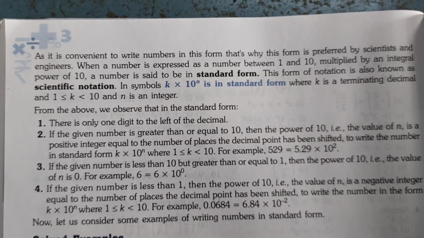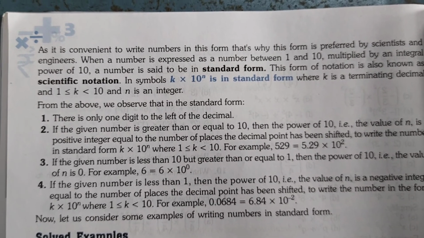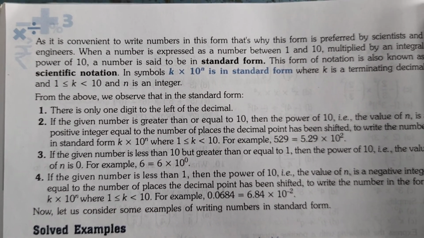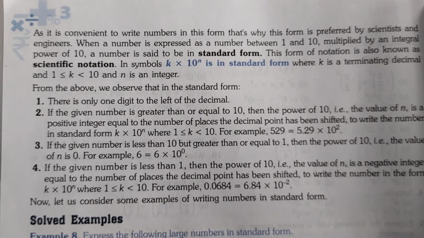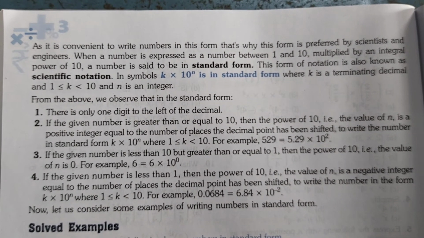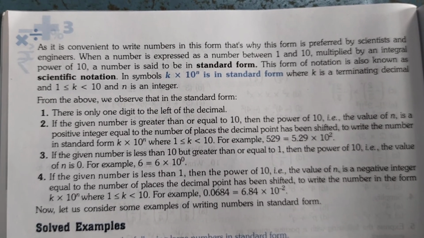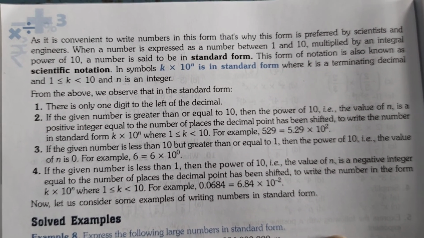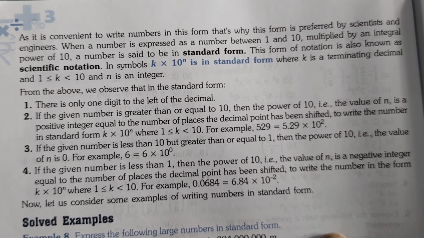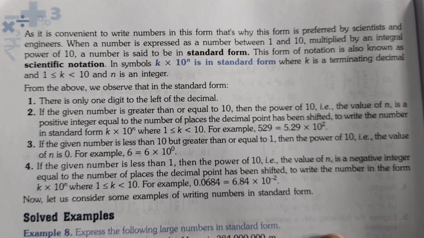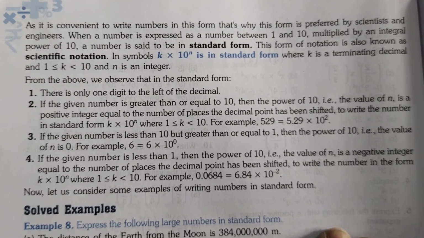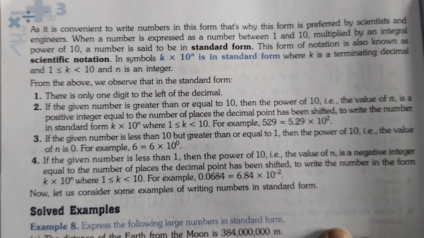There is only one digit to the left of the decimal when you express in scientific notation. If the given number is greater than or equal to 10, then the power of 10, that is the value of n, is a positive number, equal to the number of places the decimal point has been shifted.